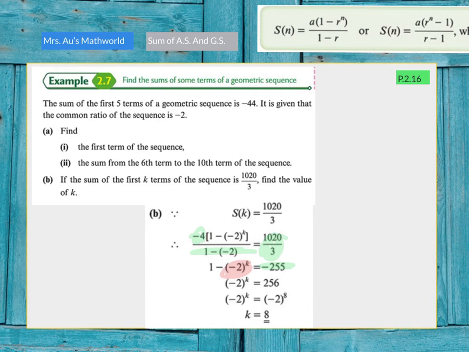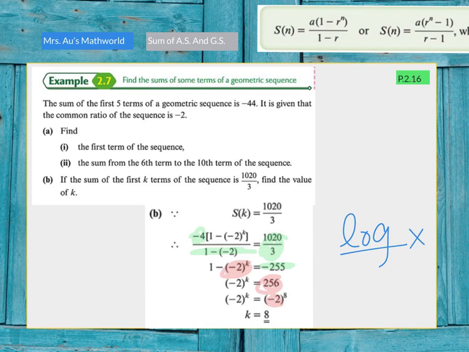We cannot split it anyway, so keep this one, and on the left hand side we will have negative 2 to the power something. Just like what we discussed in the last lesson, we need to make the right hand side negative 2 to the power something, and then we cannot take log, because we cannot put a negative value inside the bracket to use the log. After that, just solve it and you can get the result.